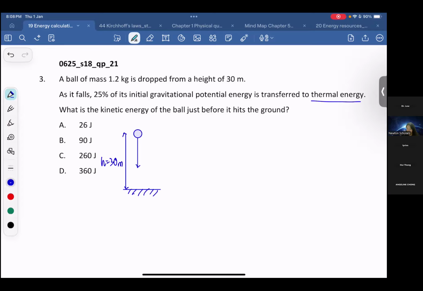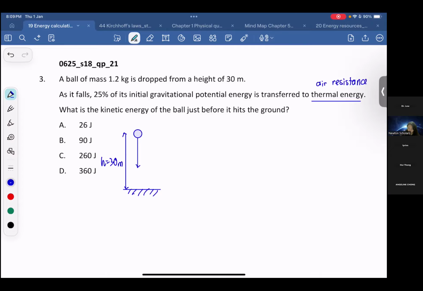So during the falling process, 25% is lost to the surrounding and converted to thermal energy. The reason may be air resistance, so write it down. In a structure question, they might ask you the reason why there is loss of energy and GPE is converted to thermal energy. The reason is air resistance.